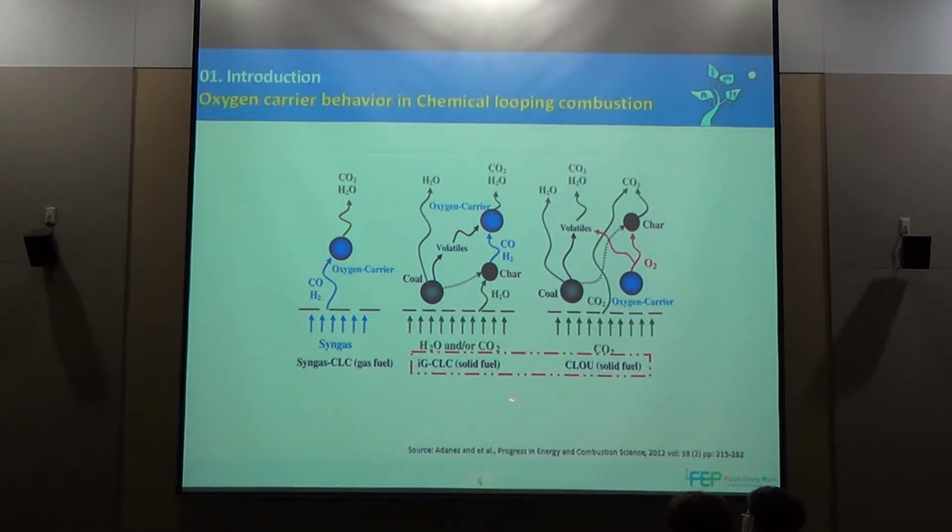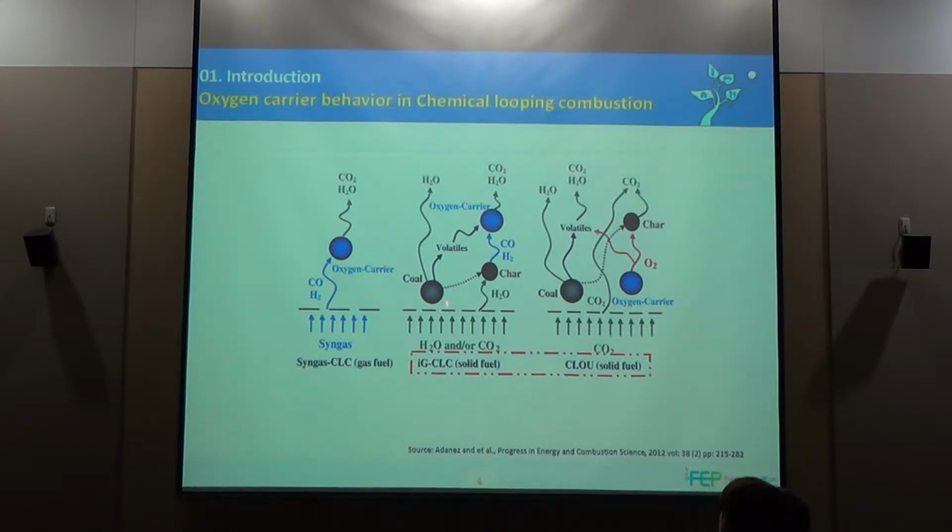So we use this concept and apply it to CFBC. And these are some behaviors of oxygen carrier in chemical looping technology. In this behavior we use syngas and react with oxygen carrier. So we don't use this behavior, and we consider solid fuel. And in solid fuel, oxygen carrier has two behaviors. First, gasification of solid fuel first, and in this example we use coal.